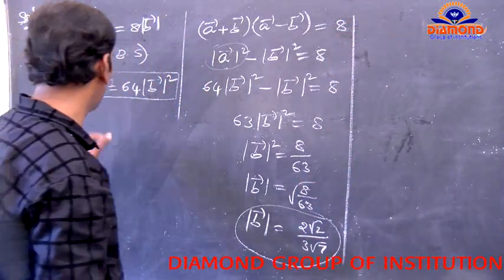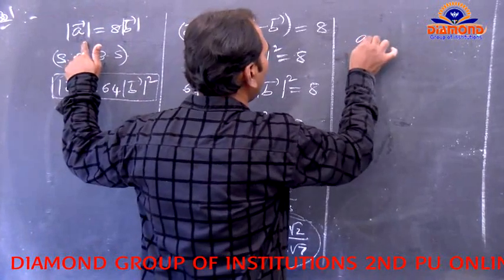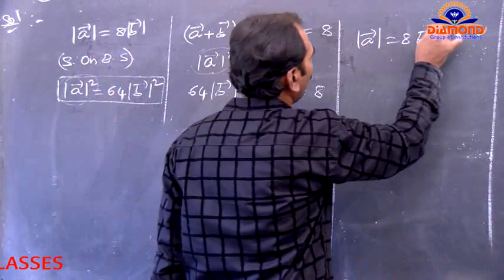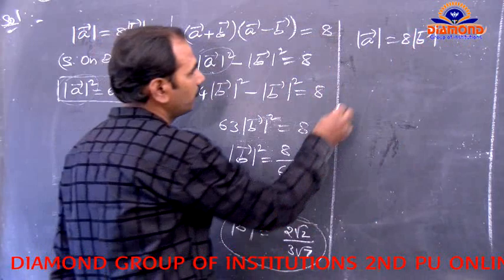Next, what about magnitude of A? Magnitude of A equals 8 times magnitude of B. Magnitude of B value you know here.